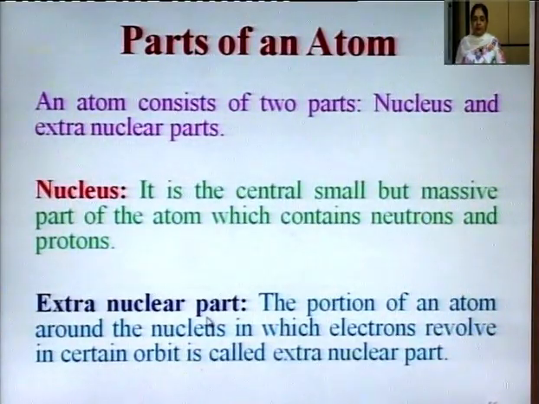The portion of an atom around the nucleus in which electrons revolve in certain orbits is called the extranuclear part.